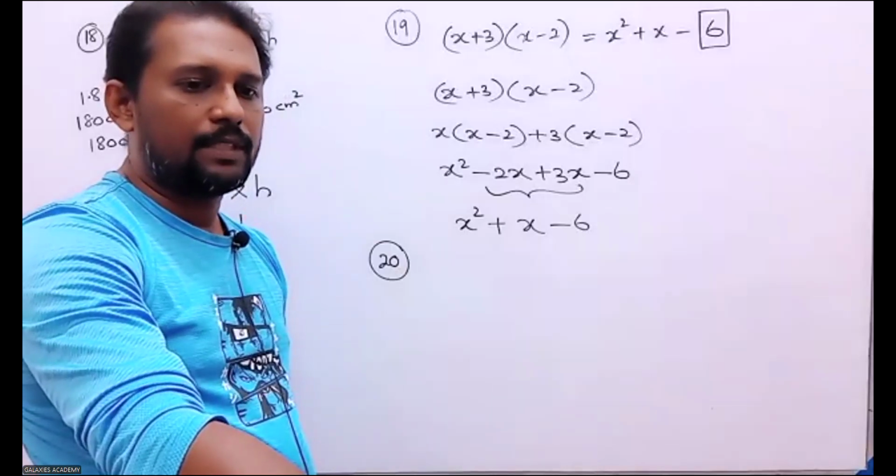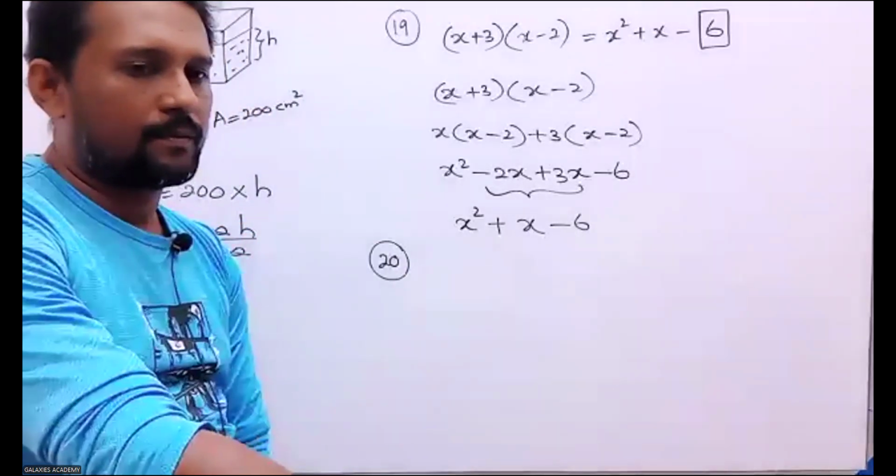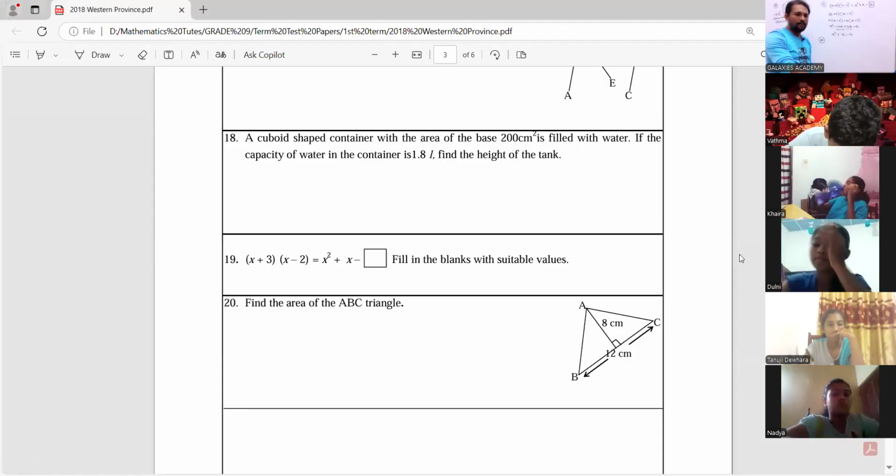Right. Then one more question remaining for the first part. Number 20. Question number 20 is given: the triangle is given, and you have to find the area.